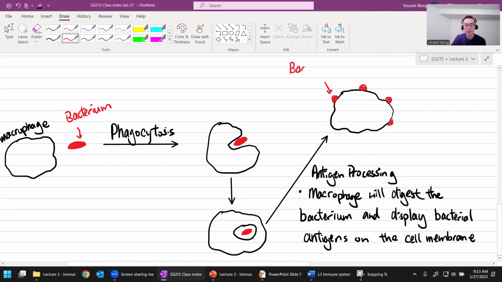So these are bacterial antigen. Okay, so this is called antigen processing. You break down the bacteria and you put some of it on the surface. It's like they destroy the enemy. Now put them on the spikes.